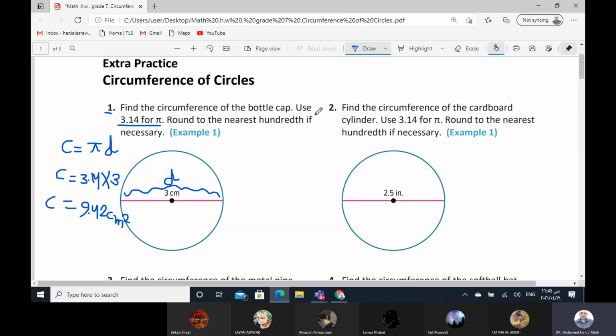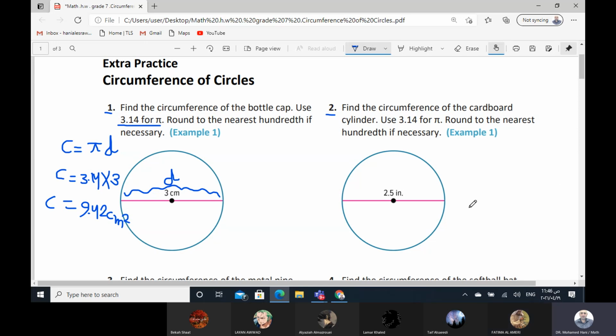Thank you. Who carried exercise number 2, please? Who carried exercise number 2? Can I read it?